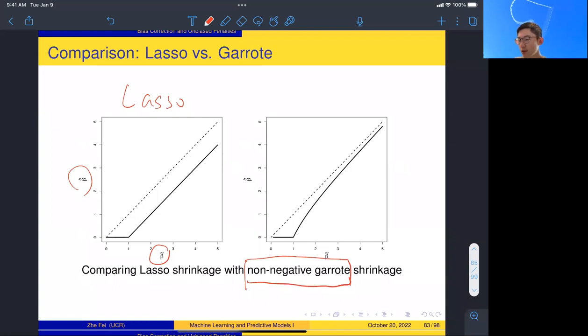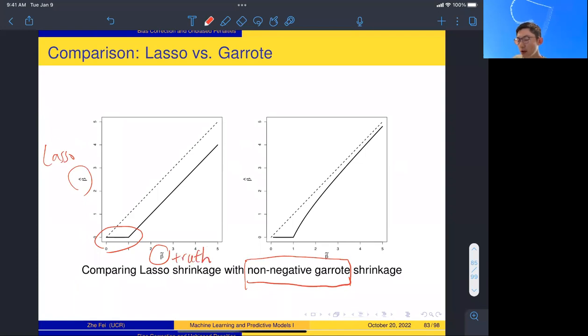For lasso, we do see it is a shrinkage. So beta tilde is less than beta hat in absolute value. Sorry, I think it's the other way around. So beta hat is less than beta tilde in absolute value. Let's write it here: beta hat is the lasso solution, and beta tilde is the truth.